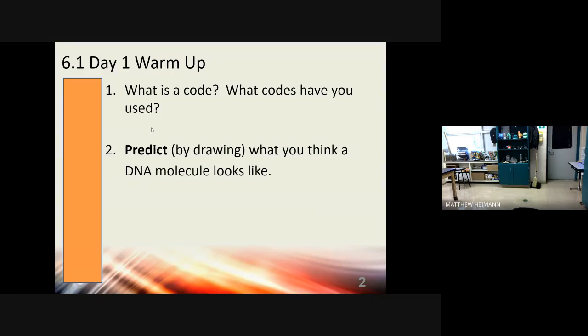Kind of strong. So it's like a ladder, but it's twisted. They're called a double helix.